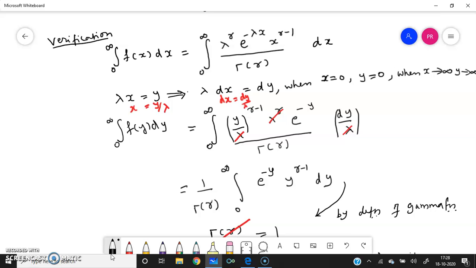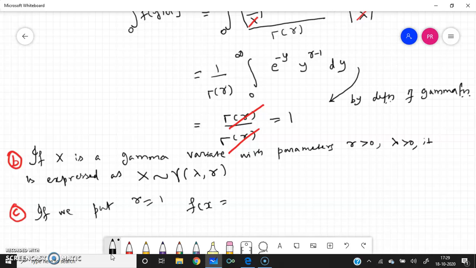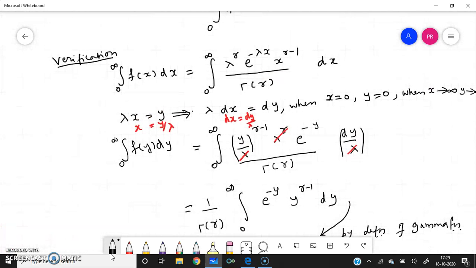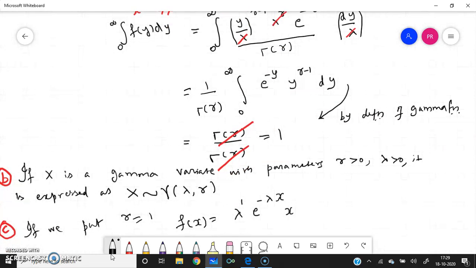Lambda to the power of r, e to the power of minus lambda x, x to the power of r minus 1 by gamma of r, where we take r as 1. Lambda to the power of r becomes lambda to the power of 1. E power minus lambda x has no r, so no change. X to the power of r minus 1: r is 1, so 1 minus 1 is 0.